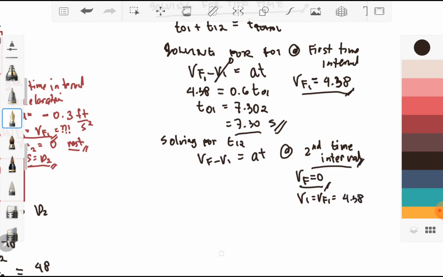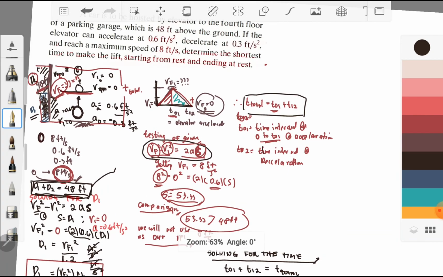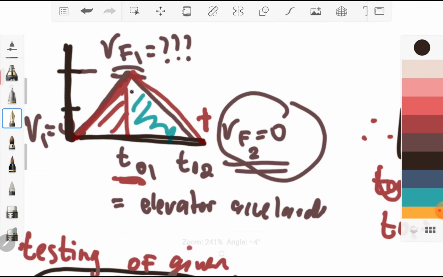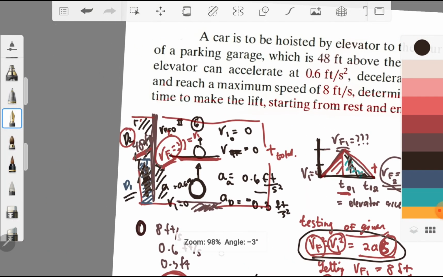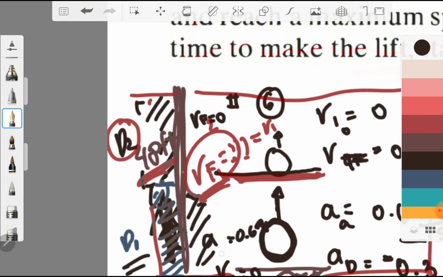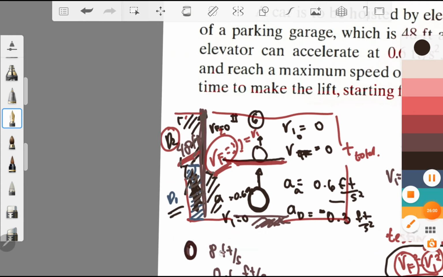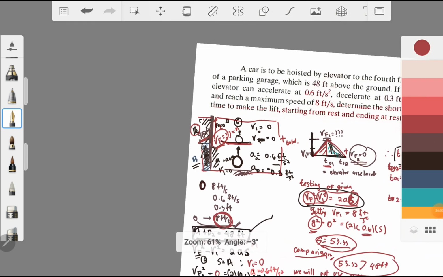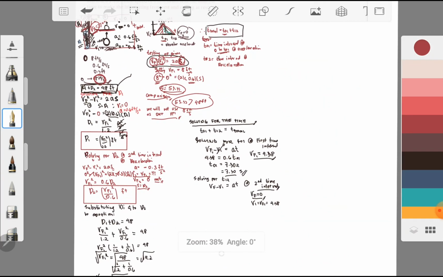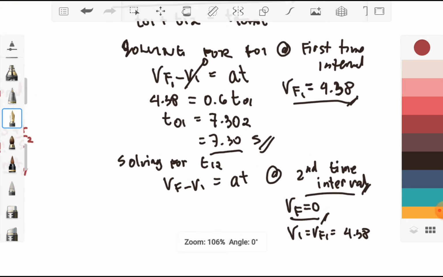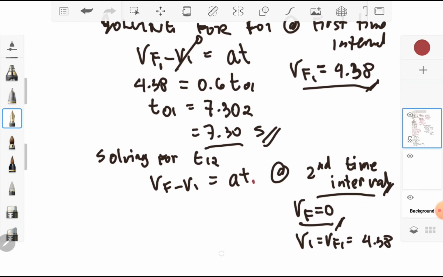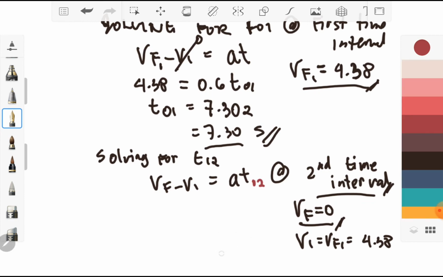So second interval na tayo. Pag sinabing second interval, ito yun, itong pababa na, okay, pababa na siya. And then pag sa free body diagram, ito yung nasa taas na palapit na siya sa tuktok, malapit na siya sa tuktok. So we have our interval T12.